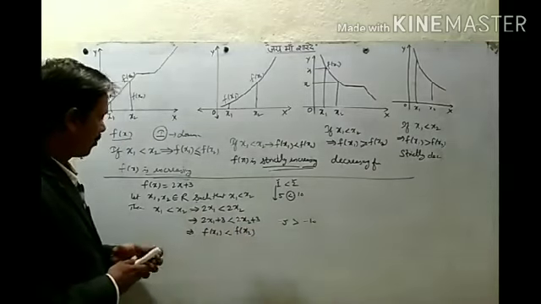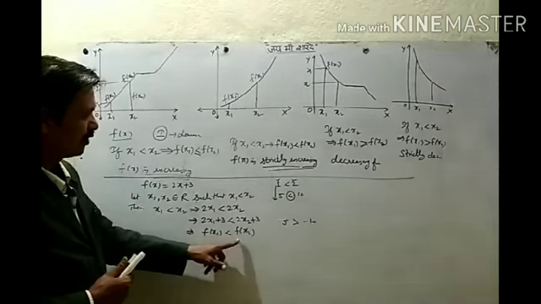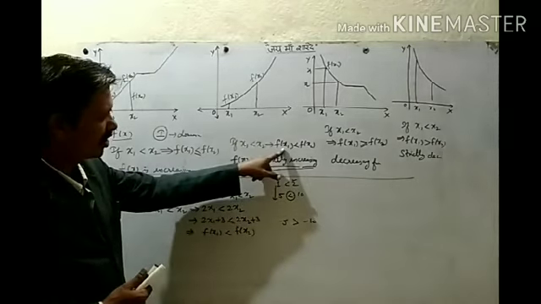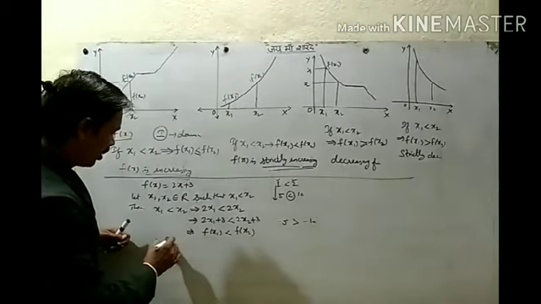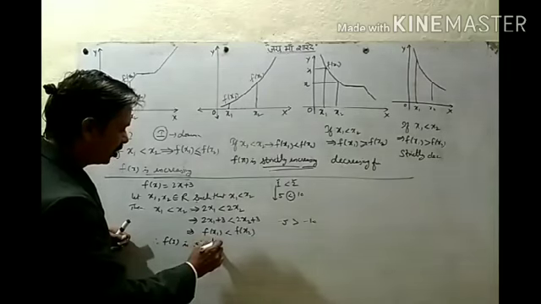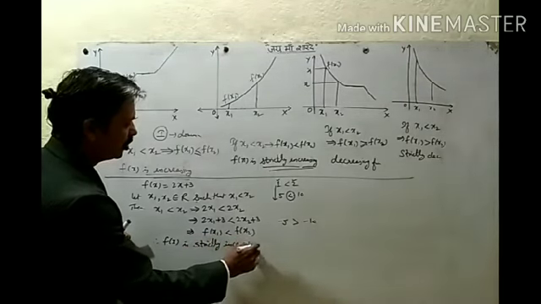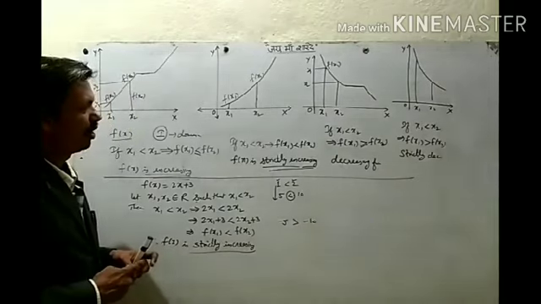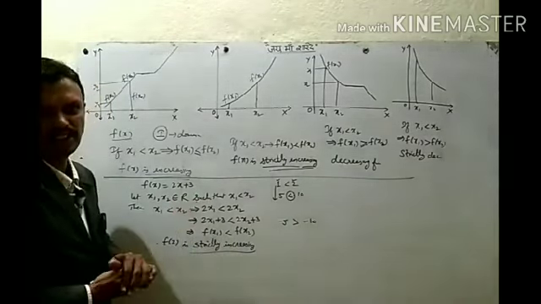So what happens here? x1 is less than x2 and f of x1 is less than f of x2. This means this condition is satisfied. It means your f of x is strictly increasing. Okay? So like this we can show a given function is strictly increasing or decreasing.